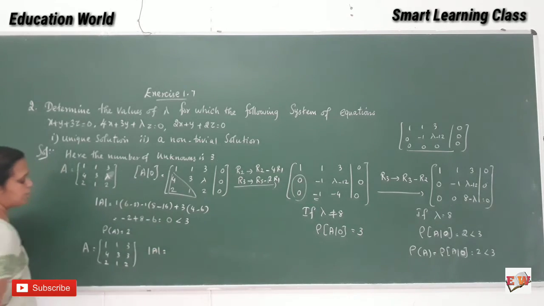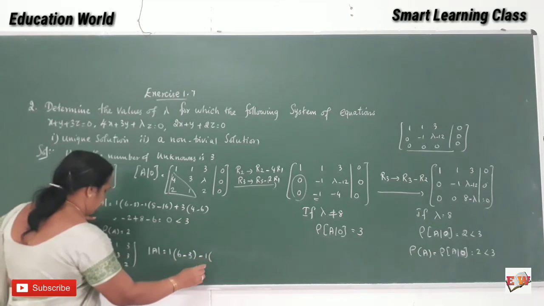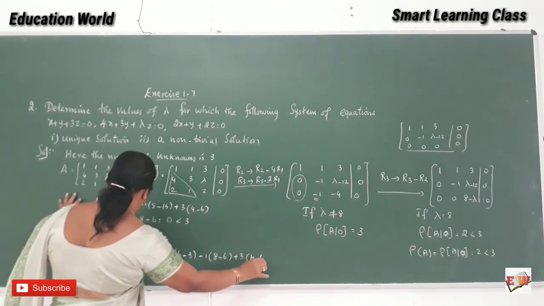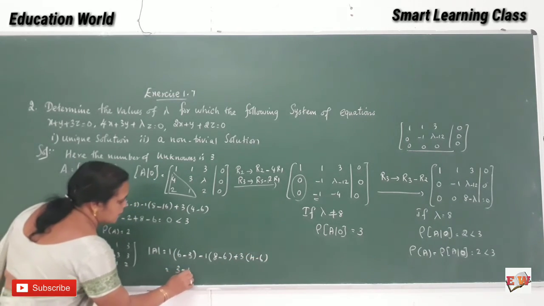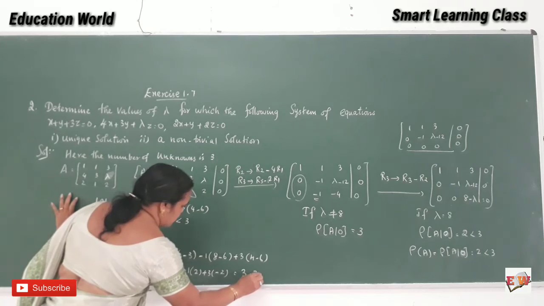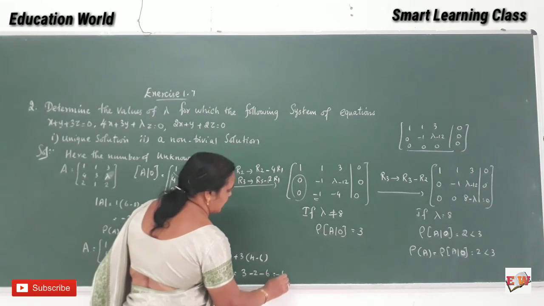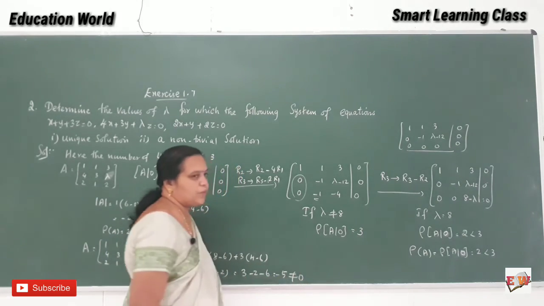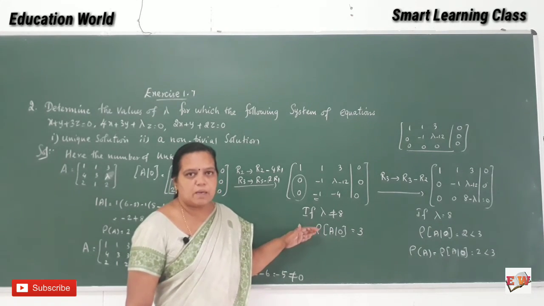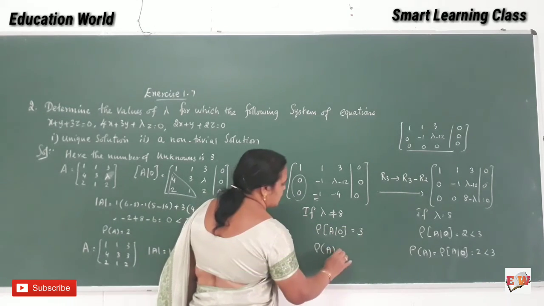I am going to find the determinant of A. What will it come? 1 into 6 minus 3, minus 1 into 4 2s are 8 minus 6, plus 3 into 4 minus 6. 3 minus 2 minus 6, it is not equal to 0. 3 minus 8 is minus 5, not equal to 0. When we substitute lambda as any other real number except 8, we get the rank of A is equal to 3.